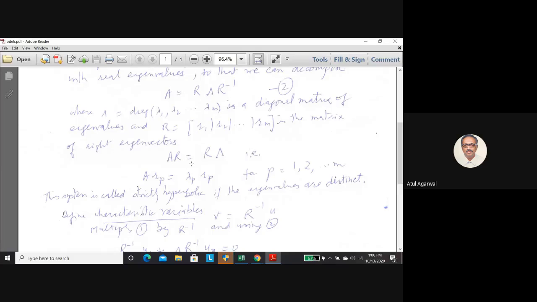These are eigenvector statements. Okay. So this system is called strictly hyperbolic if eigenvalues are distinct.